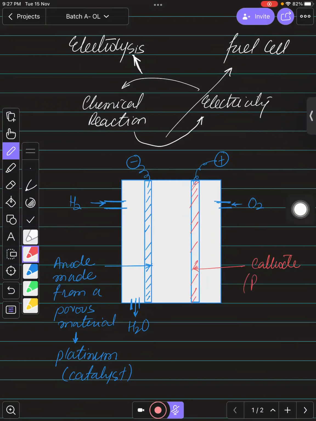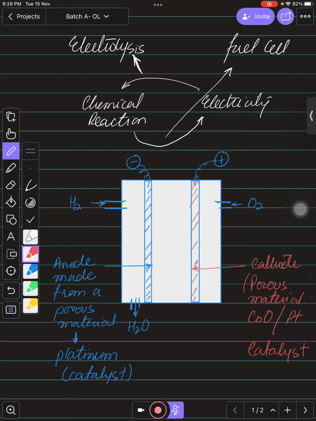And in this porous material, we have cobalt oxide or platinum. दोनों में से आप कोई सा भी ले सकते हैं, cobalt oxide or platinum as a catalyst. दोनों में से कोई सा भी आप ले सकते हैं, आपकी मर्जी है, ठीक है?